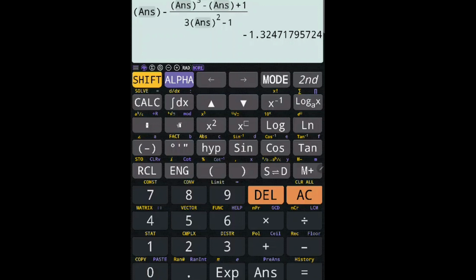Have a look at that. And then I press equals to get x6, and you can see that it converges. Keep pressing equals, and you will see that it sticks only to that number and nothing changes from there. So therefore, we could say that this converges in 5 steps.